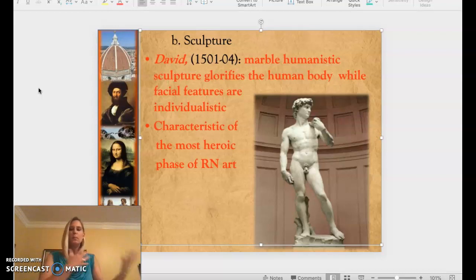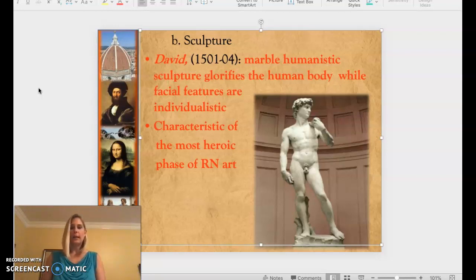So eventually it was moved indoors, and he did a replica that is still outside that you can go and see today. But the original one, of course, is in a museum right near that actual government plaza if you go to Florence, Italy.